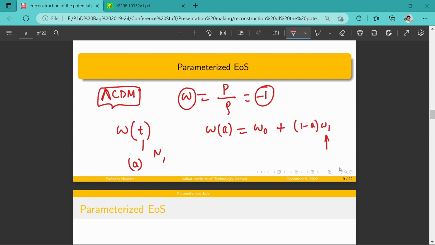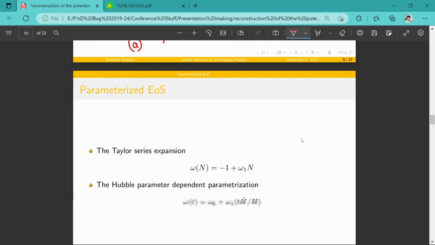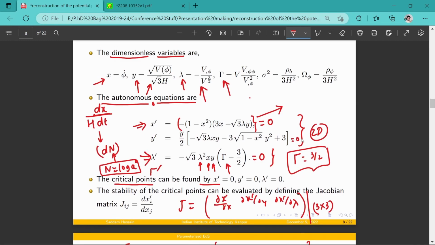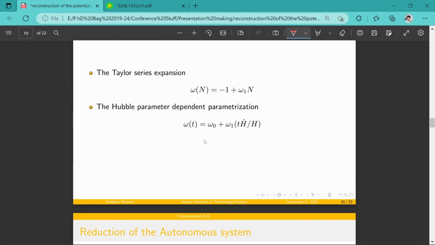Omega 1 is again a constant. Since in our dynamical system the independent variable is n, or log a, we have taken the Taylor series expansion with explicit variable n, omega of n up to first order: -1 plus omega 1 into n. So you assume this corresponds to -1 today, and then there may be some deviation or not, we want to see.